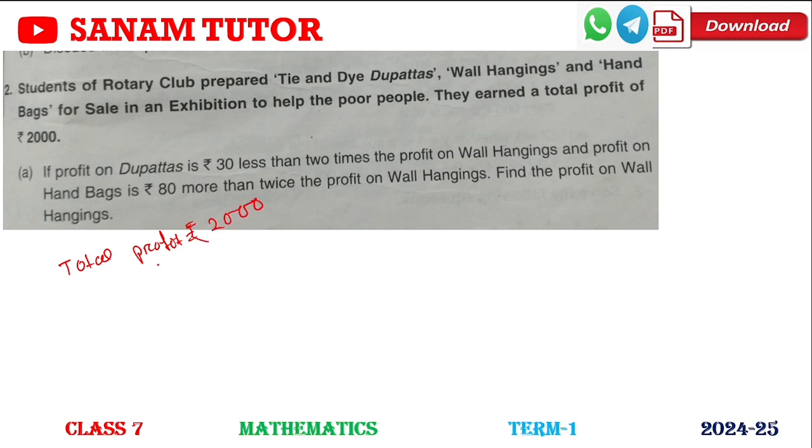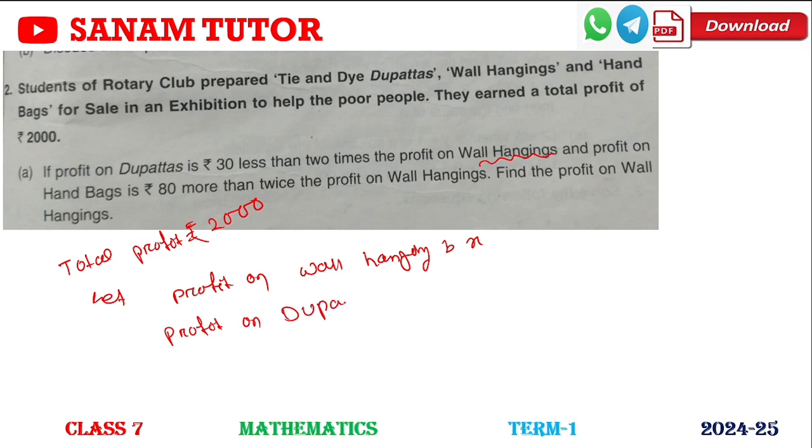Now the profit of the dupattas is 30 less than 2 times the profit of the wall hanging. Suppose we take the profit on wall hanging to be X. So we can write profit on dupatta equal to 30 less, means minus 30 from 2 times the profit of the wall hanging, that is 2X.